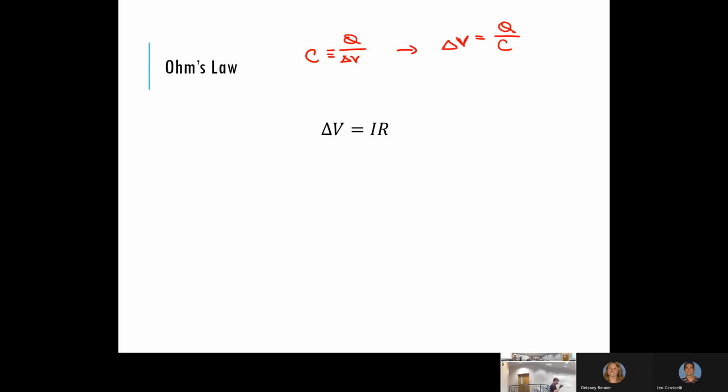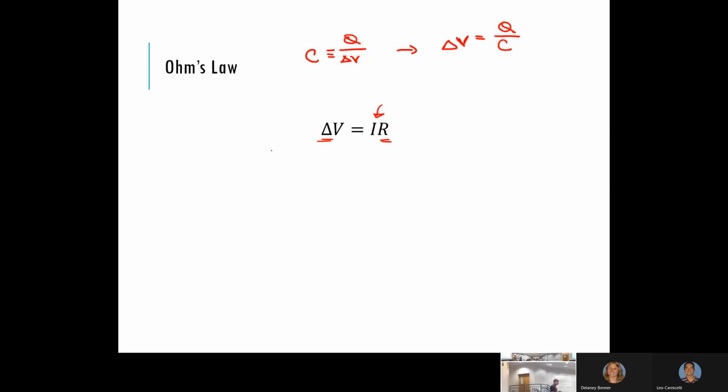But for resistors, we do. For resistors, it's called Ohm's law. I'll walk you through this. We have a potential drop across a resistor, that's again this delta V, is given by the resistance and I.